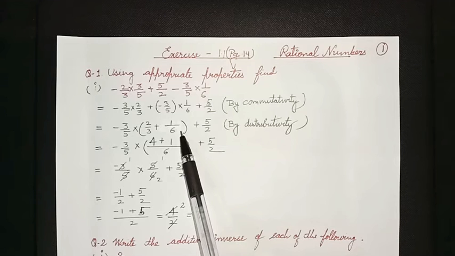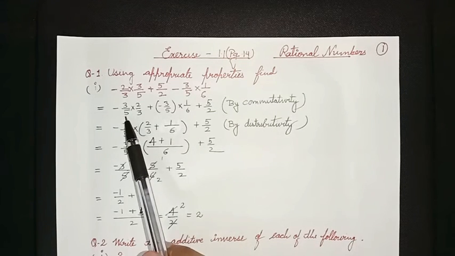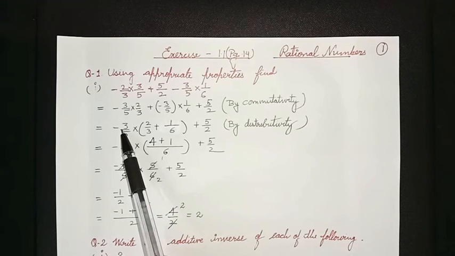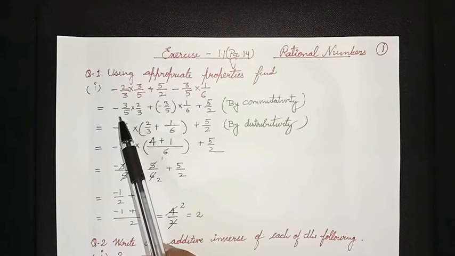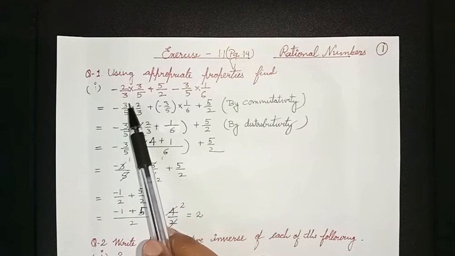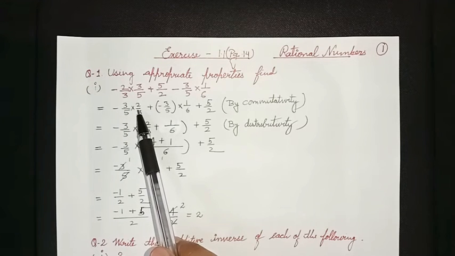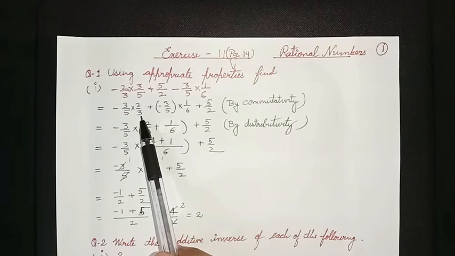To use the distributive property, we will take minus 3 by 5 common. Now I think it is clear to you why I have written minus 3 by 5 and why I have not written the minus sign with 2 by 3.